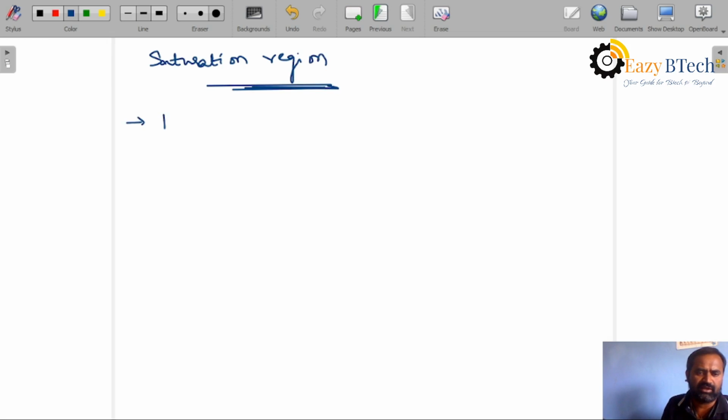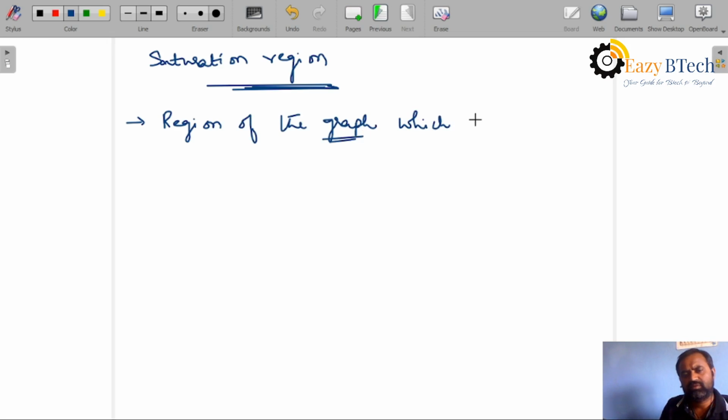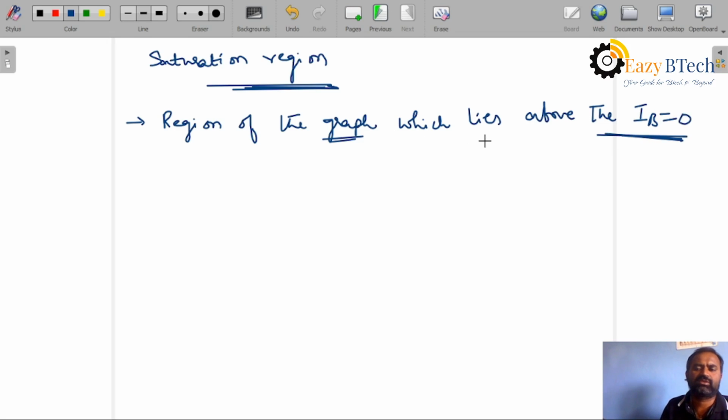Next, the region of the graph which lies above IB equal to 0 and VCE equal to VCE sat.